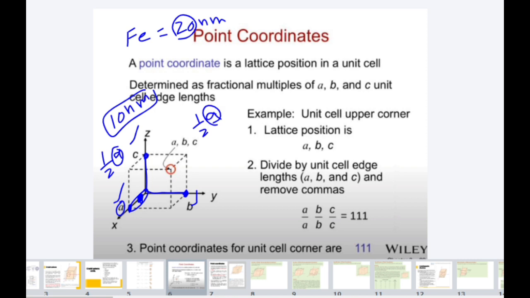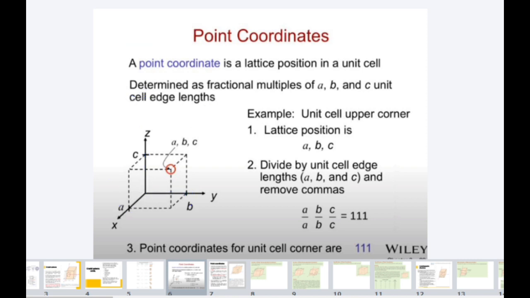So here is the example. We have an atom, this red one, in the unit cell. We want to point out the coordinate and represent it. There is a way of representation for these points. In the example, you see the unit cell upper corner. If we take the origin of the coordinate system, this is the origin, 0, 0, 0.